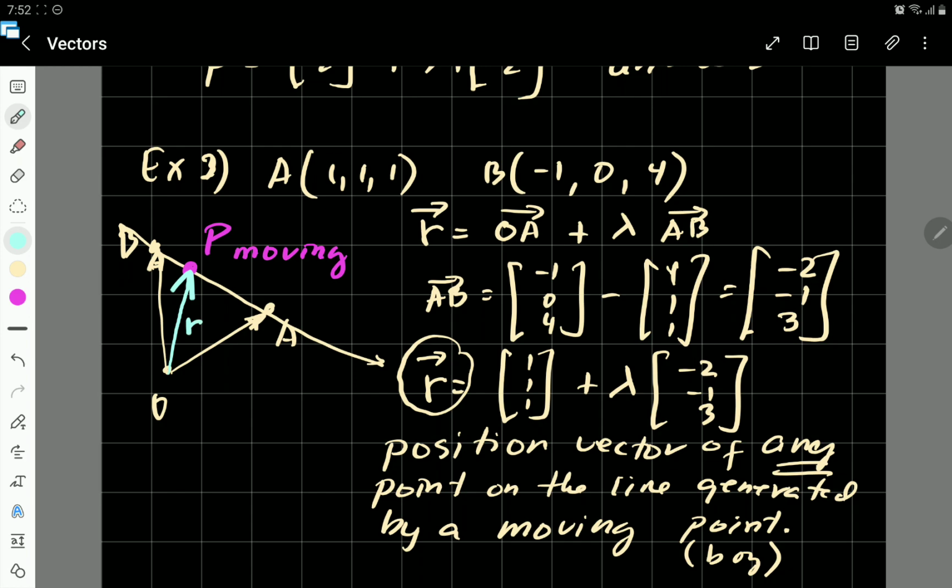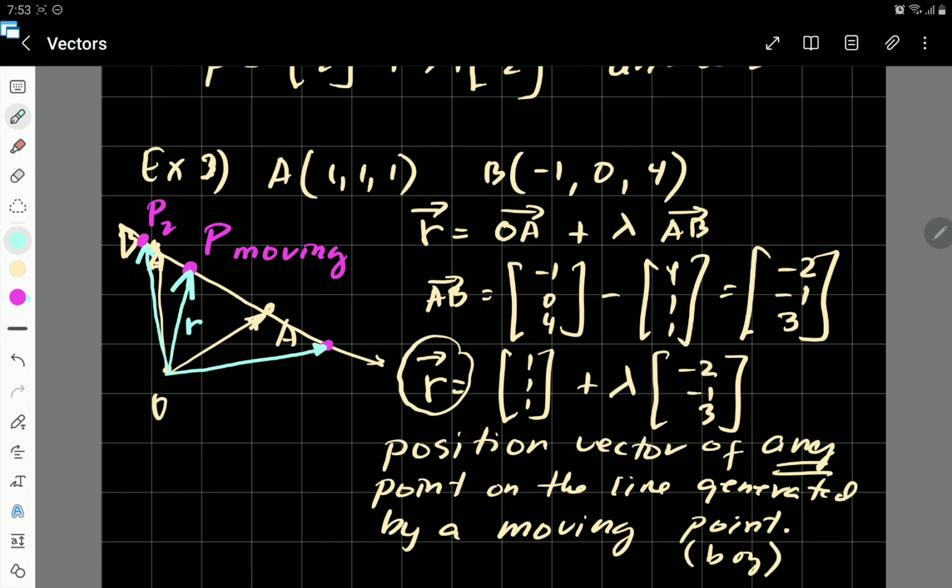That is the R. So basically, when this P moves according to the direction AB, for example, this P moves here, moves there, moves to that point too. This R will shift there. If the point P moves here, then this R, the position vector, will be that point.